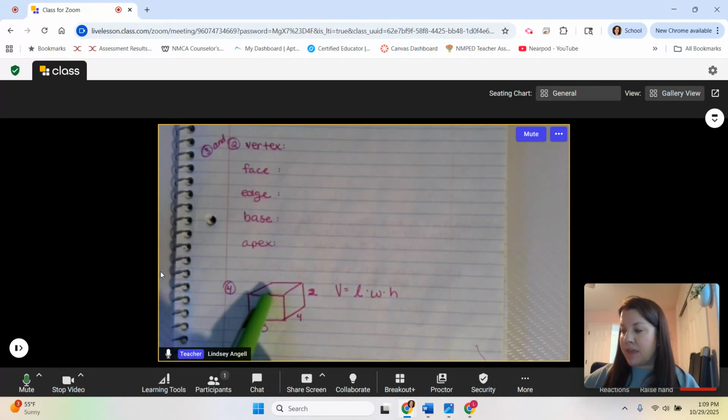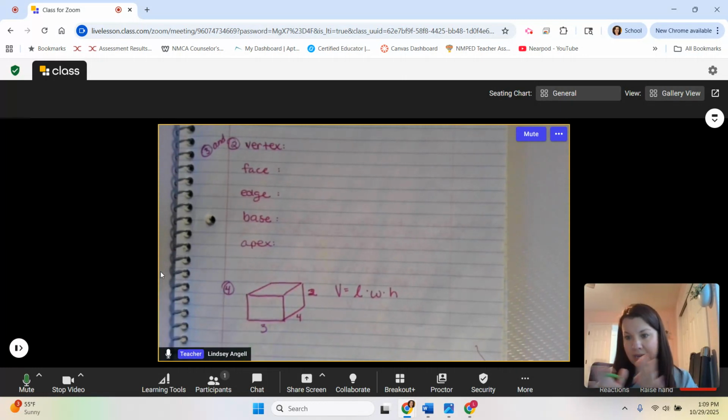Edges are where the sides of two faces meet. That's an edge. The base, you can sometimes think of as the bottom, but with prisms, they always have two bases. It's the top and the bottom, or the two sides that are parallel to each other.